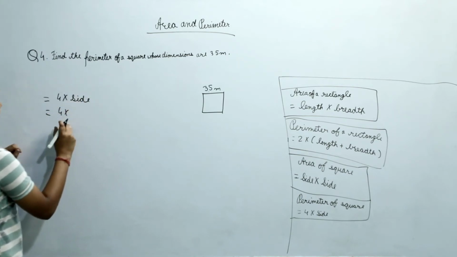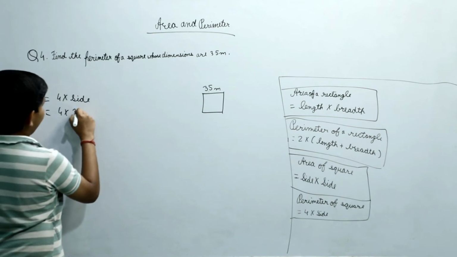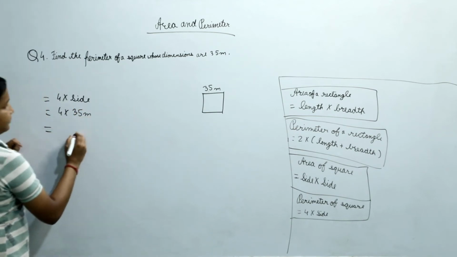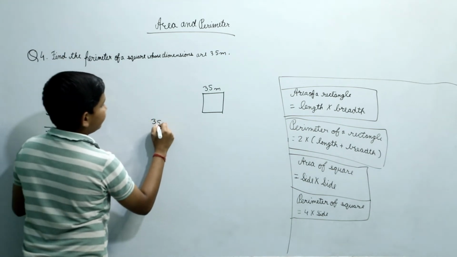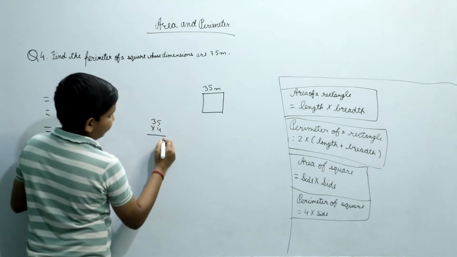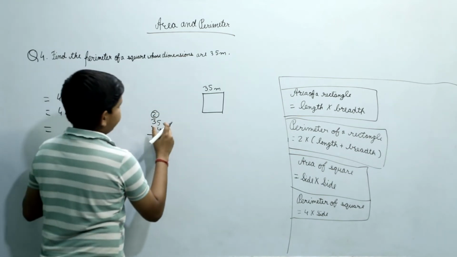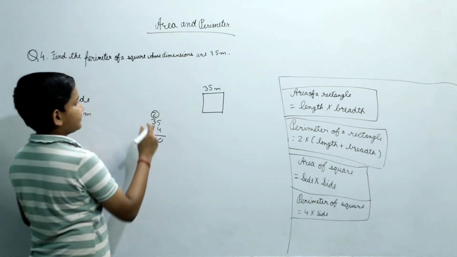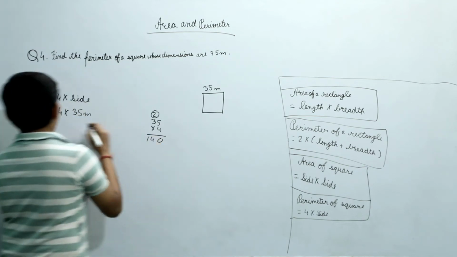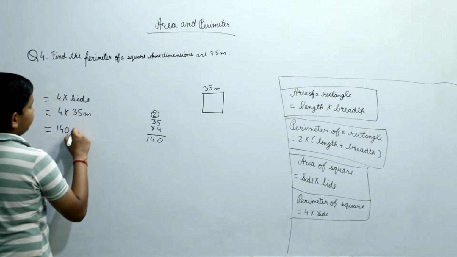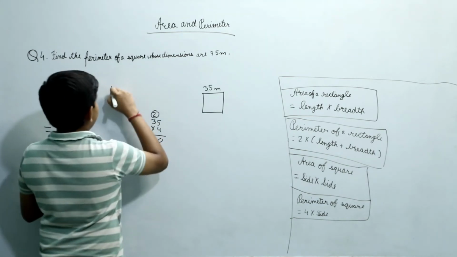We'll rewrite it as 4 into 35 meters equals 35 into 4. 5 4s are 20, 0, carry 2. 4 3s are 12, 12 plus 2 is 14. So 140 meters.